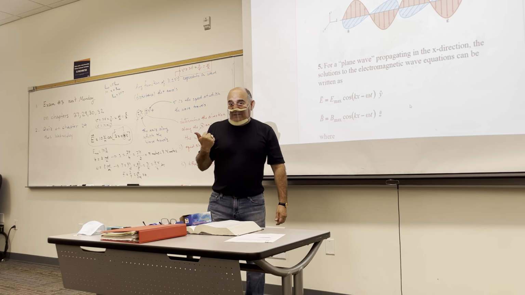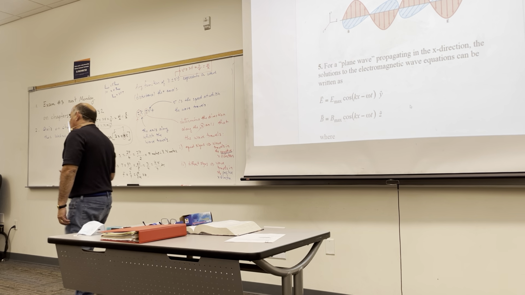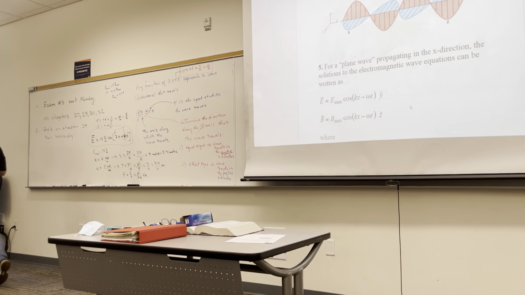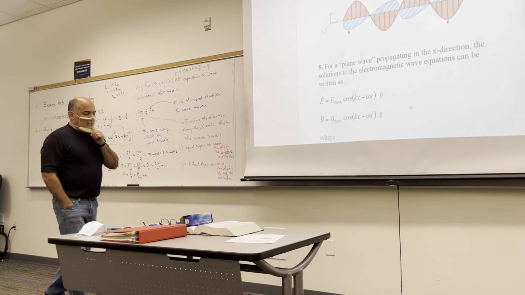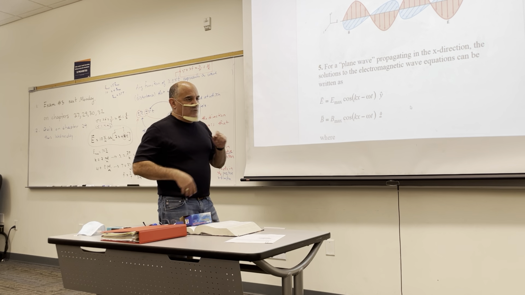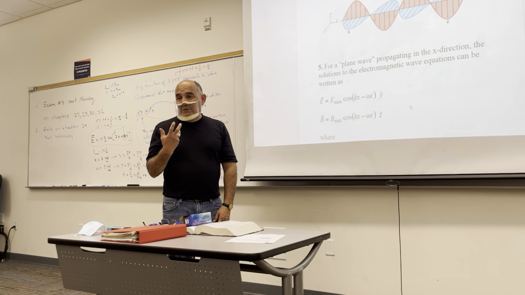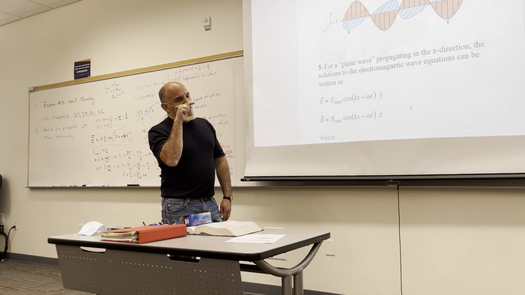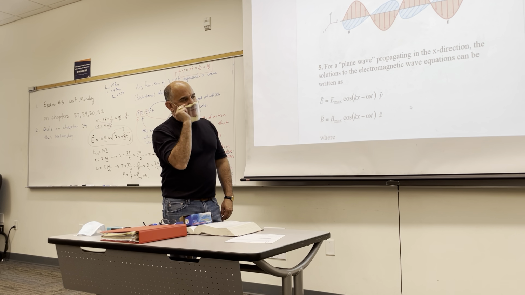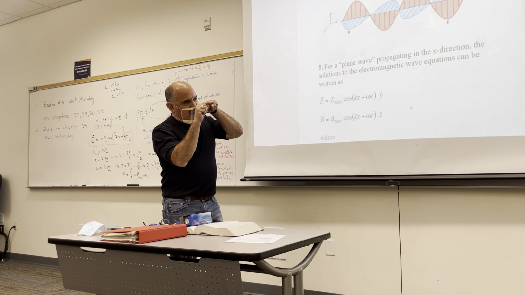So if you know the direction of the electric field vector and the direction of the magnetic field vector, then you should know in which direction the wave is propagating. You probably learned about transverse waves and longitudinal waves in Physics 185. A longitudinal wave is when the vibration occurs along the direction the wave travels.